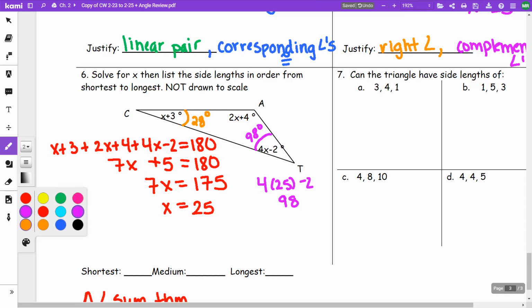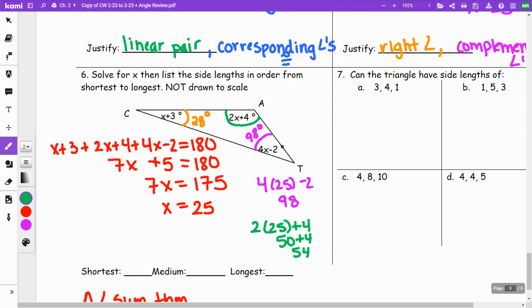Now, if I put in my 25 for this one, 2 times 25 plus 4, I'm going to get 50 plus 4, so I'm going to get 54. Now, hopefully when I add those up, all of those are going to add up to 180 degrees.